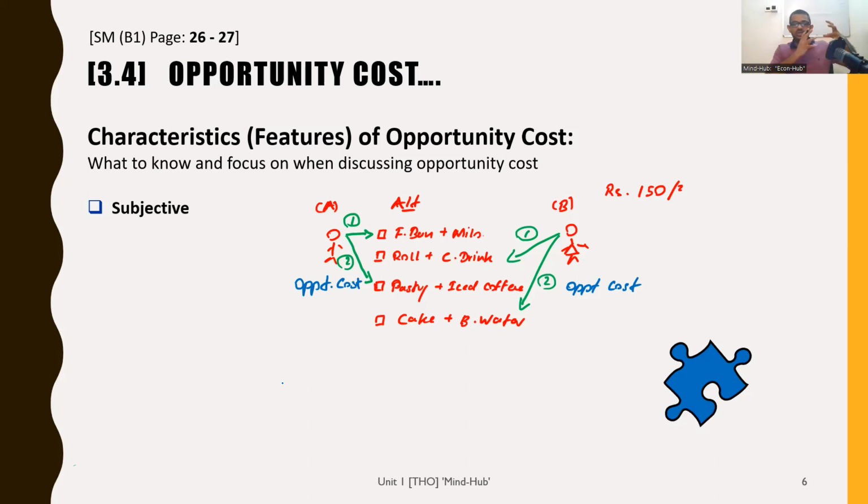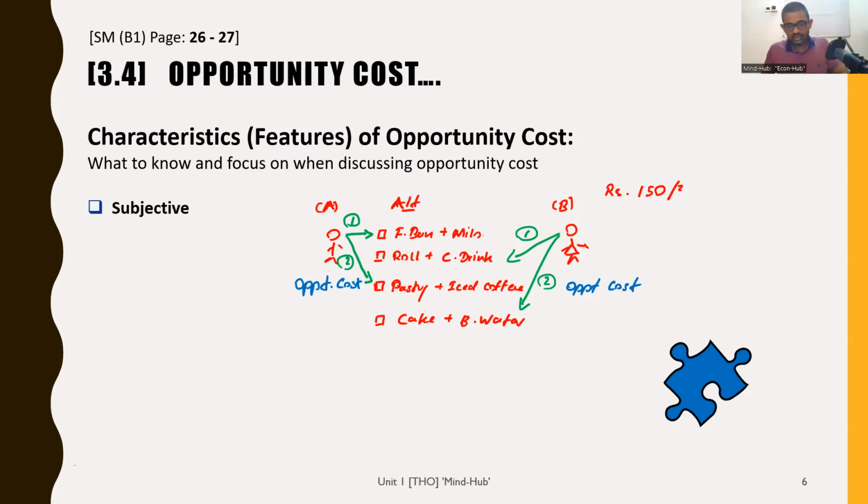The opportunity cost for A and for B in terms of the second best alternative, is it the same or different? For A, it is the pastry and iced coffee. Whereas for B, it is the cake and the bottle of water.